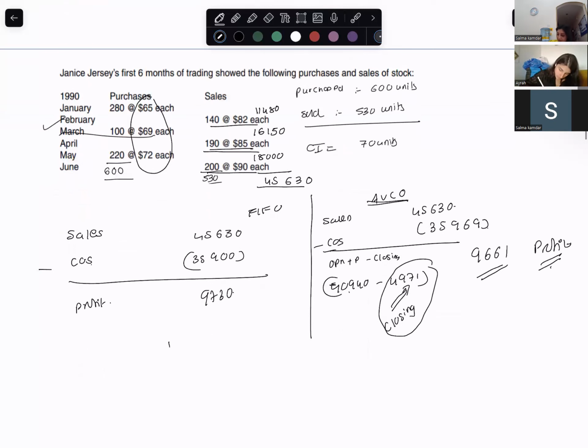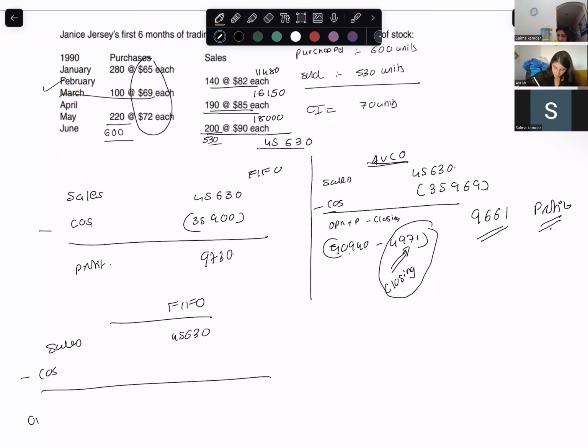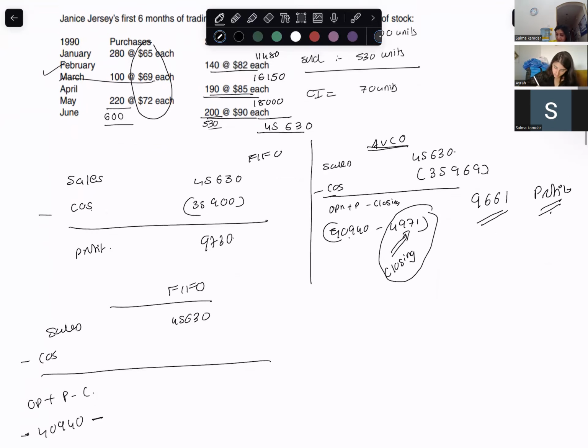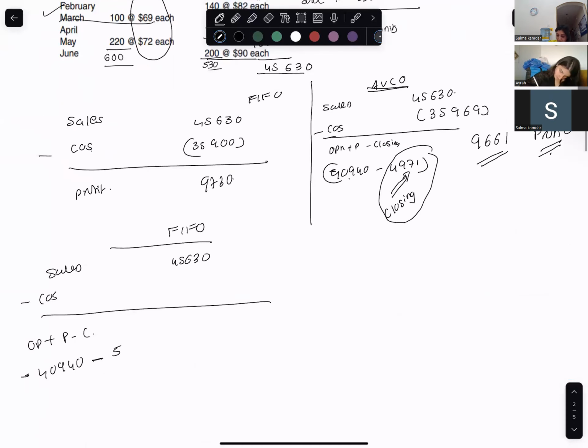Same way for FIFO, you can do like this. Sales is 45,630 minus cost of sales. Cost of sales is opening plus purchases minus closing. Opening I don't have, purchases is 40,940 and I have already found my closing inventory as per FIFO, 5,040.